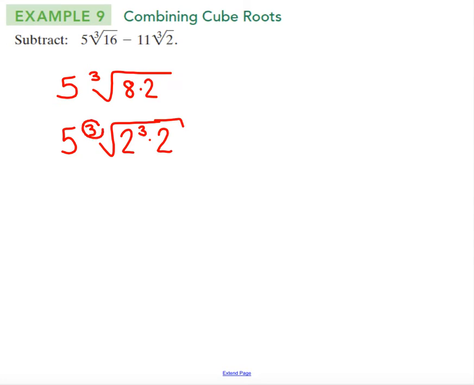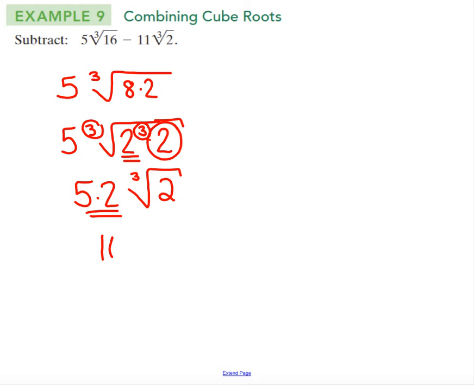So here's my index, here's my power. So this 2 is going to pop out. That's a perfect cube root. This one does not have a power of 3, so that stays underneath. Now 5 times 2 is 10, cube root of 2. All right, we've simplified it.